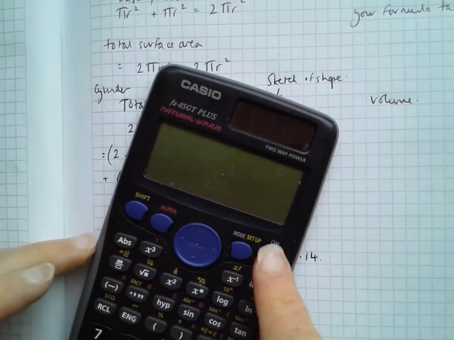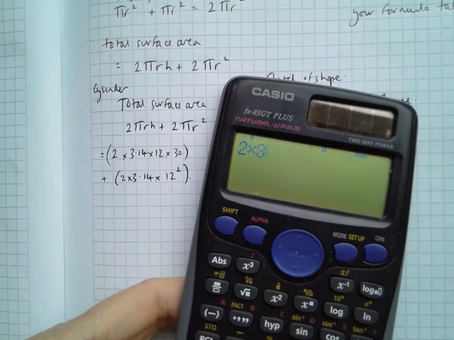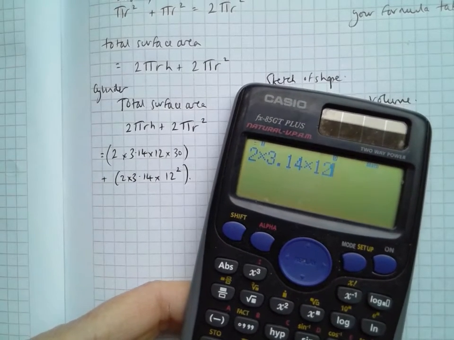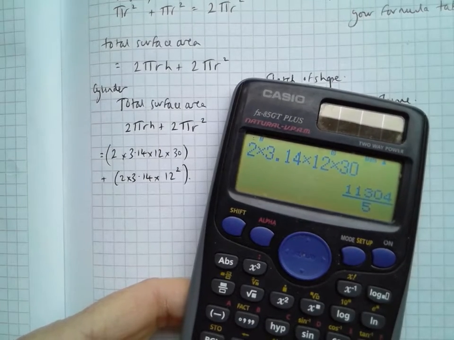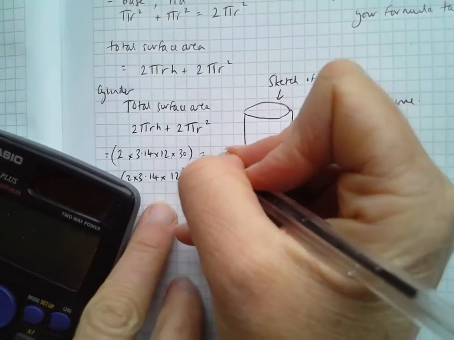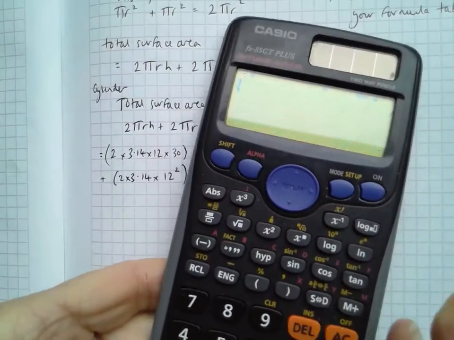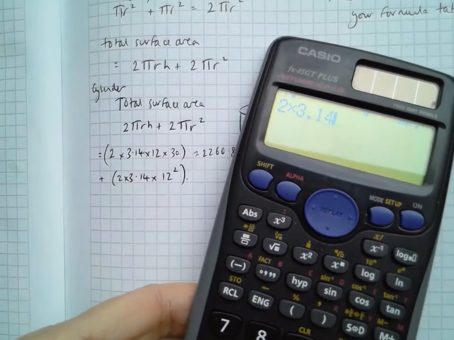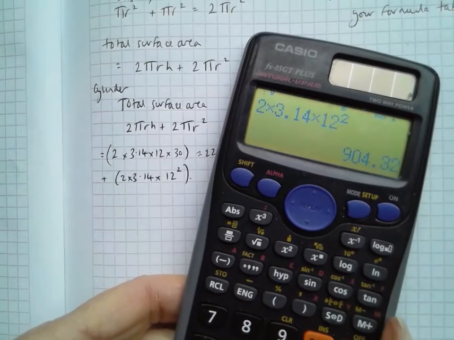So 2 times 3.14 times 12 times 30 equals 2260.8, and 2 times 3.14 times 12 squared equals 904.32.